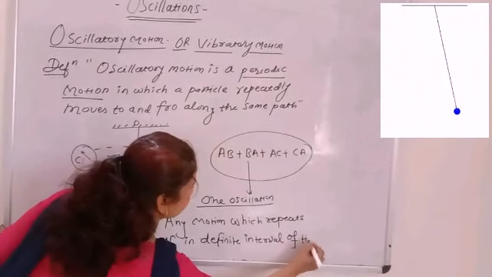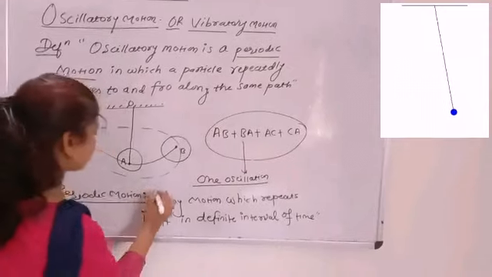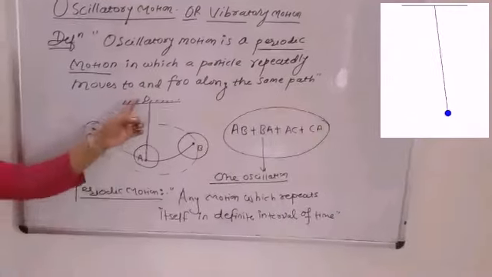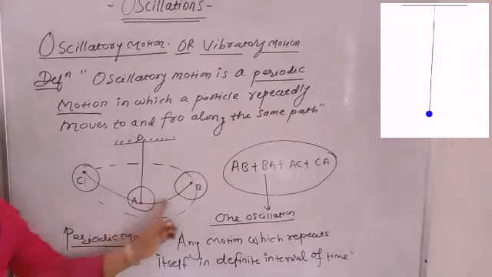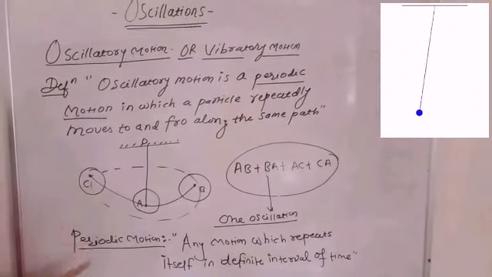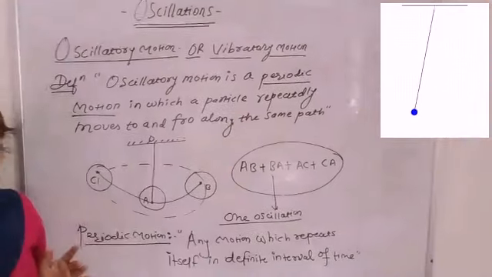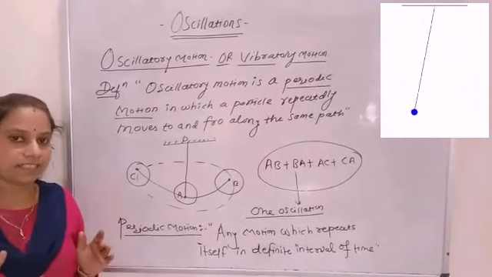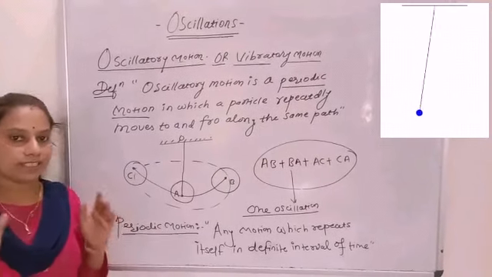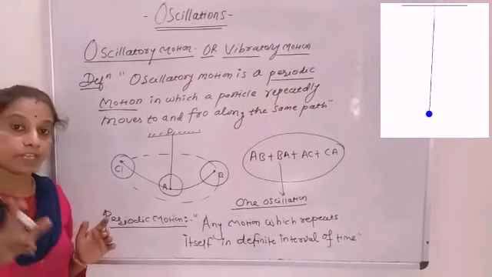Interval of time. This is the periodic motion here. And this bob performs the periodic motion. And here any oscillatory motion is a periodic motion. Focus here. Any oscillatory motion is a periodic motion.